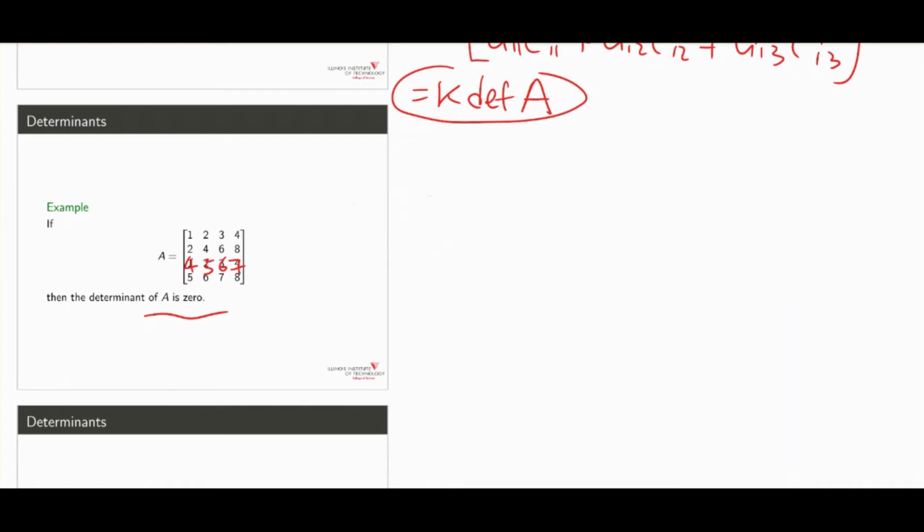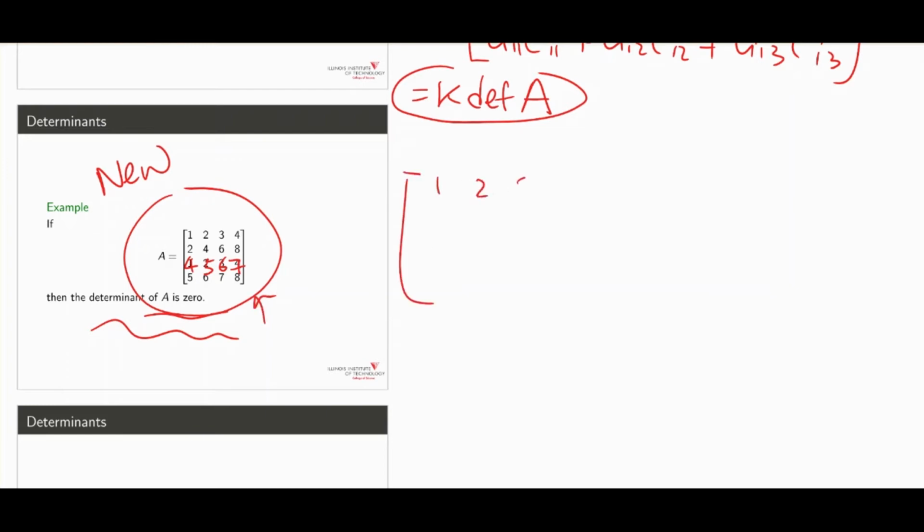So for this new matrix A, the determinant is still 0. If I hadn't changed it, the determinant is obviously 0 from the first property. We don't even have to use anything about the second property. But now I want to use that. So this right here, you can see 1, 2, 3, 4. If you compute the determinant, let me use this notation so that you can have another example with different notations.